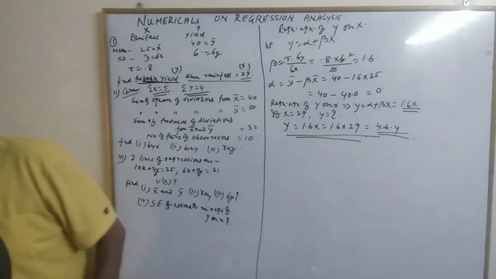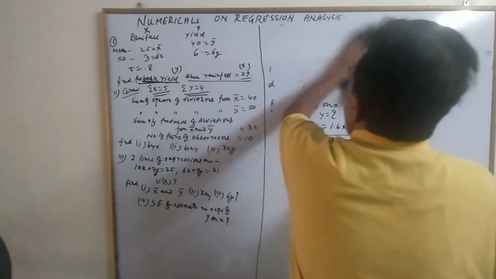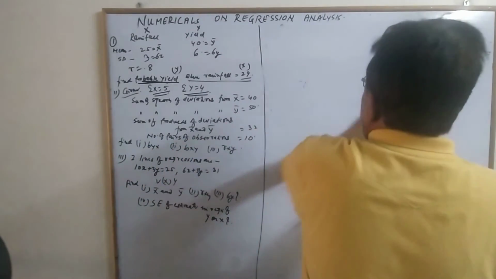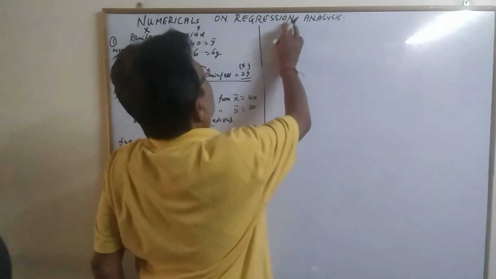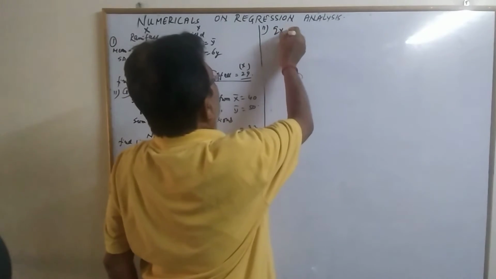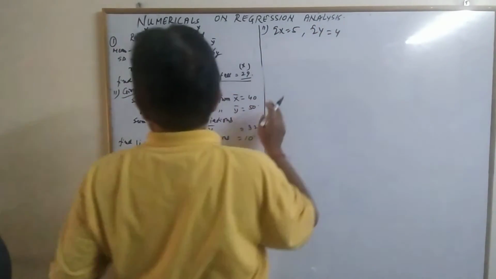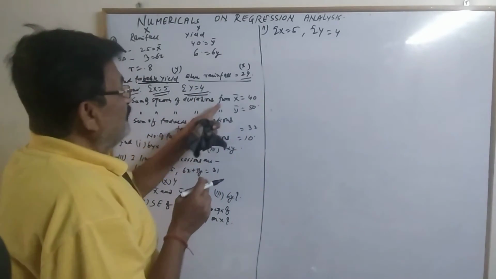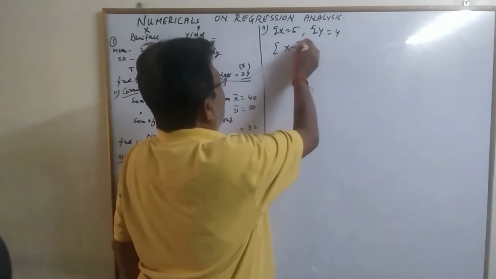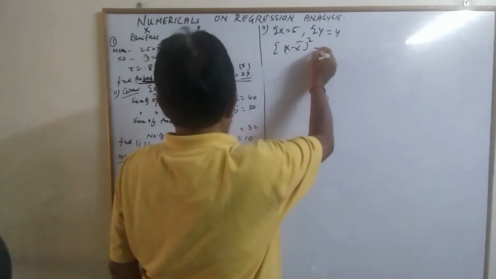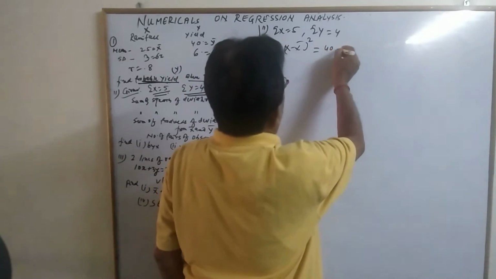In this sum, it is given that sigma x is 5, sigma y is 4, and the sum of squares of deviations from x bar, that is summation x minus x bar square, is 40.